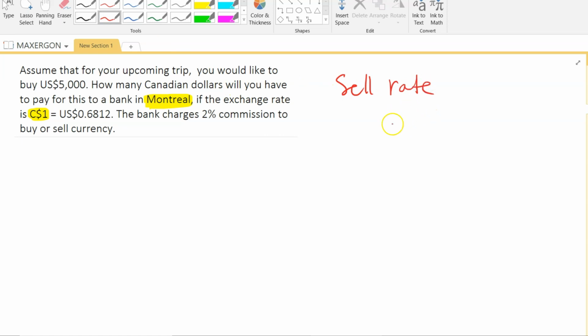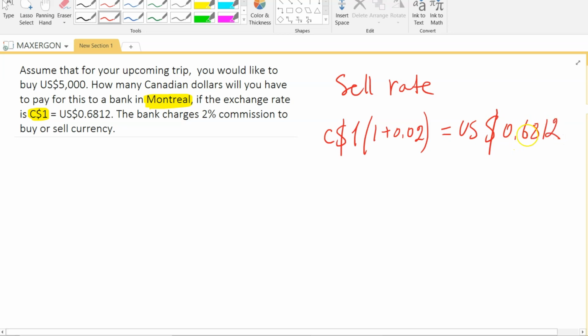In order to find the sell rate, we need to add commission to the domestic side of the exchange rate. In this case, the sell rate will become Canadian $1, which is increased by 2% commission. This is equal to US dollar 0.6812.